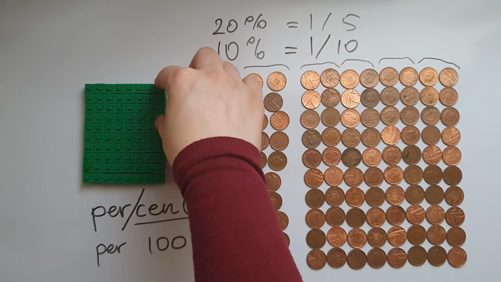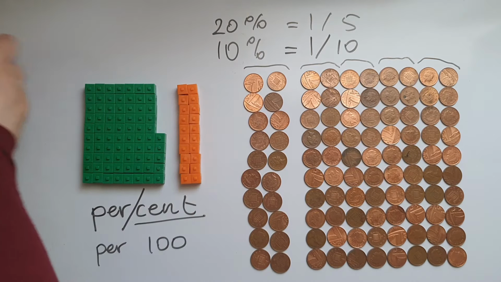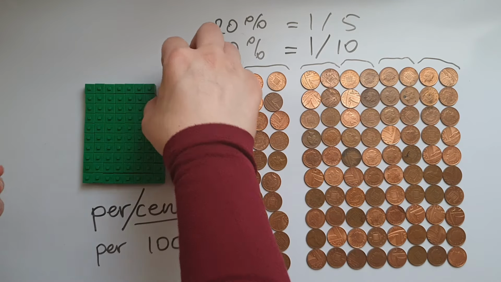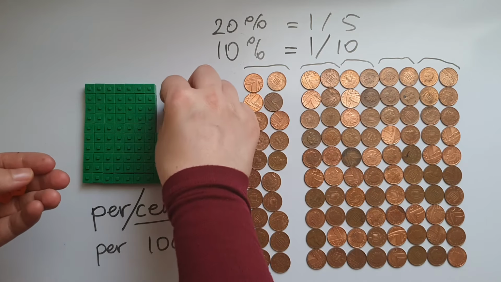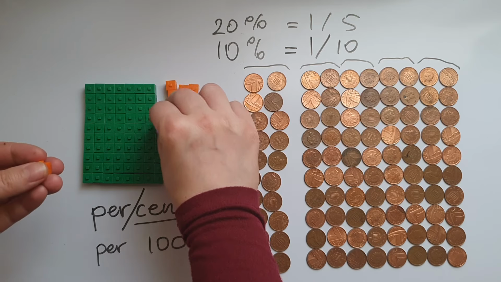25% is going to be a quarter, or 25 out of 100.